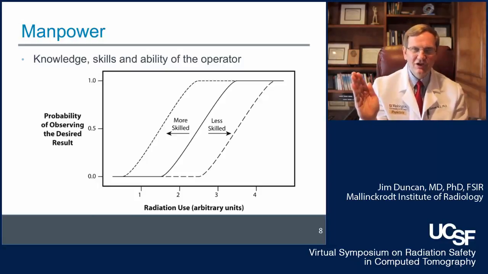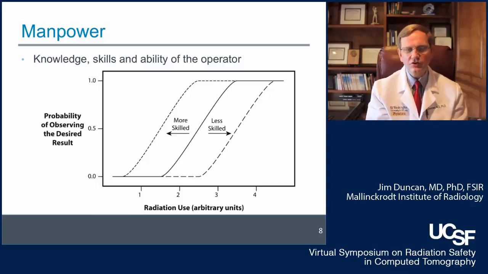And with time, gradually shifting the curve leftward. We definitely see it, our residents and fellows, as they progress through the year. They get more and more skilled at stepping off the pedal and taking other steps to reduce radiation use both to the patient and to themselves.